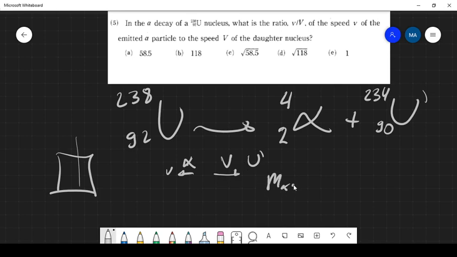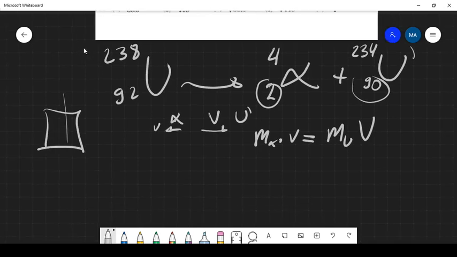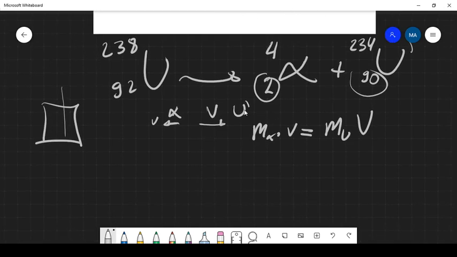The mass of alpha multiplied by the velocity of alpha must be equal to the mass of the uranium multiplied by big V, the velocity of uranium. Why? Because it will conserve the momentum. Initially there was no momentum, so the sum must be 0. So we don't even need to use these charges over here, but in our other question we need them, right?